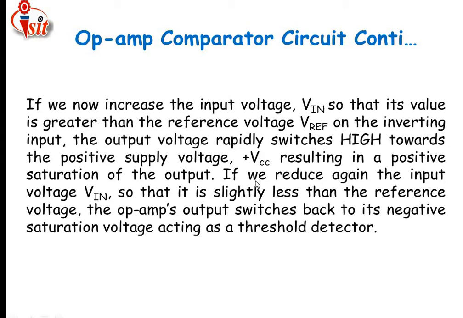If we reduce the input voltage Vin again, so that it is slightly less than the reference voltage, the op-amp's output switches back to its negative saturation voltage, acting as a threshold detector.